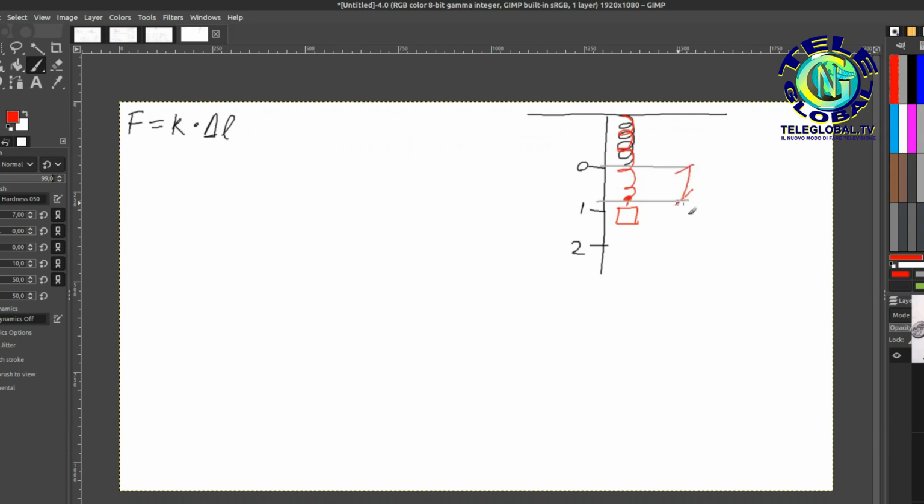And by measuring on the instrument your stretching, and knowing the constant of your spring, you can compute the force and thus have an indirect measurement of the force.